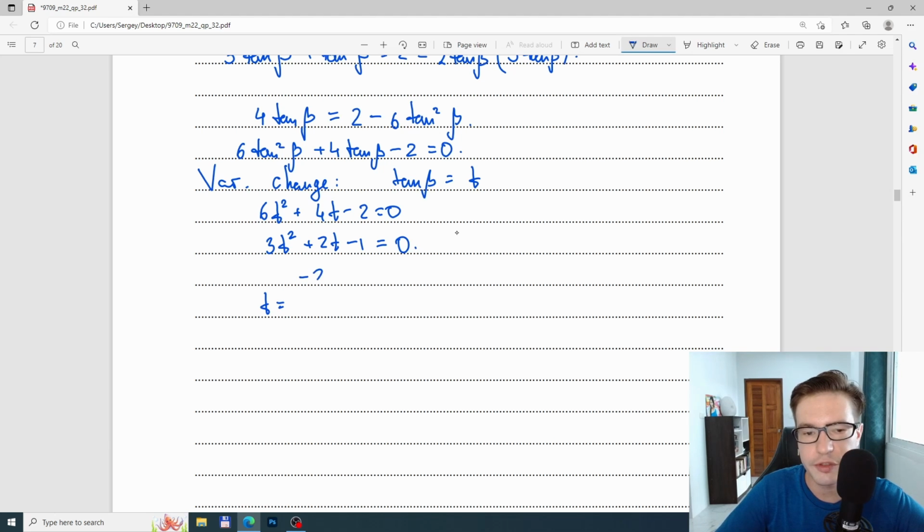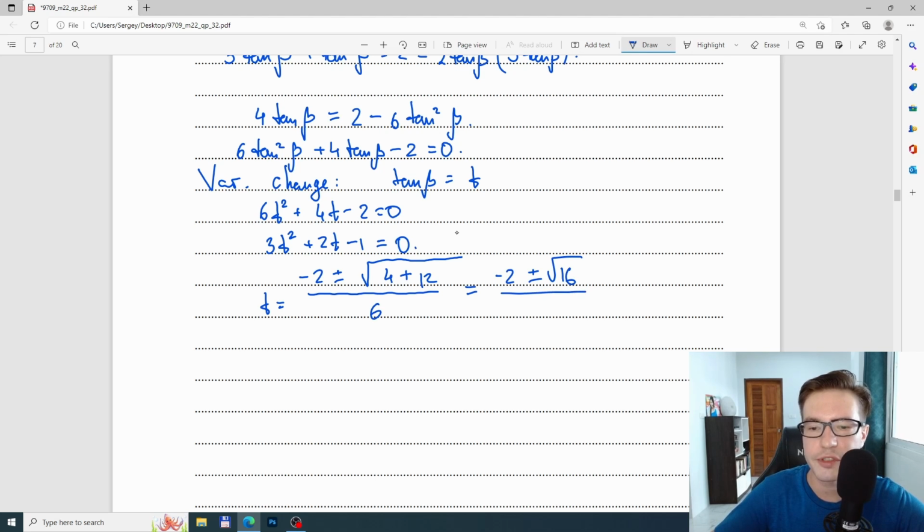t equals to minus 2 plus or minus square root of b squared minus 4ac, minus a minus is going to be plus 12, over 2a, which is 6. So it's minus 2 plus or minus square root of 16 over 6, which is minus 2 plus or minus 4 over 6.